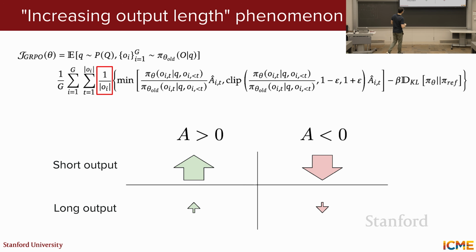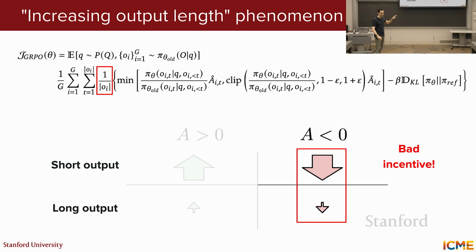And when the advantage is negative, this formulation makes tokens that are in short outputs be downweighted even more compared to when they're in a long output.